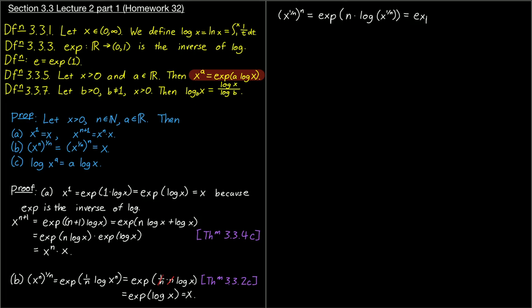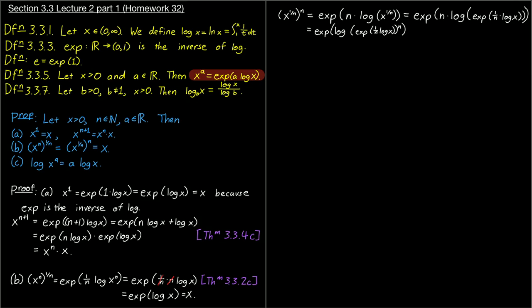That's exp of n times the log of, now this is tricky, exp of 1 over n times log x. Now because n is an integer, we can move that out front, and then that thing, exp of 1 over n log x, that whole mess to the n.